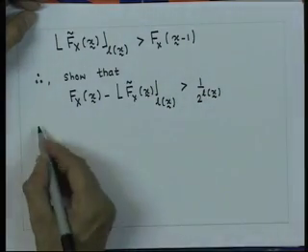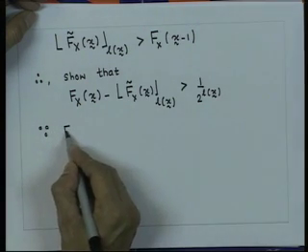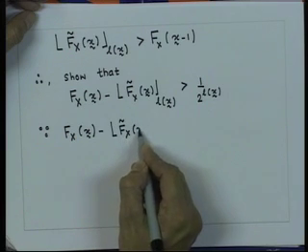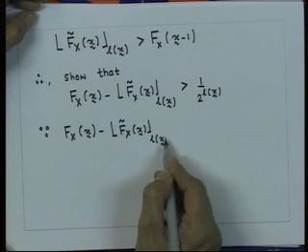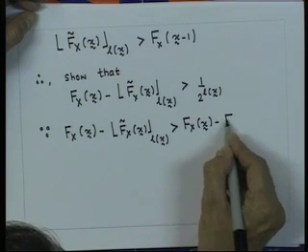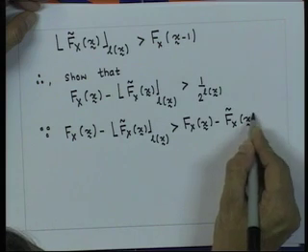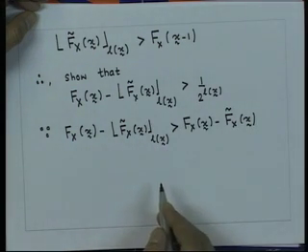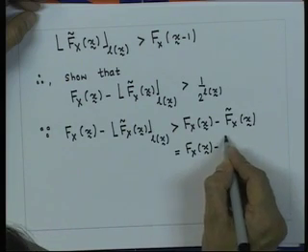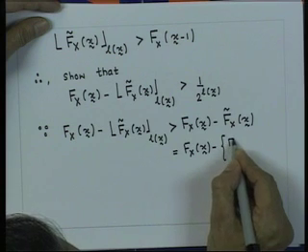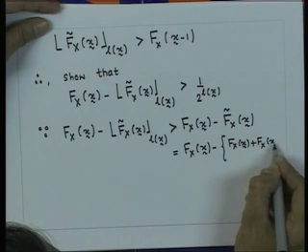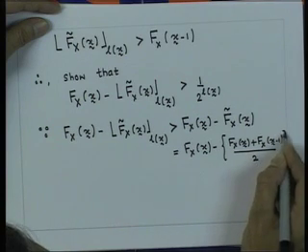Now, this is true because F(x) minus the truncated version of F tilde is greater than F(x) minus F tilde(x), because this quantity is less than this quantity, and this by definition is P(x) by 2.